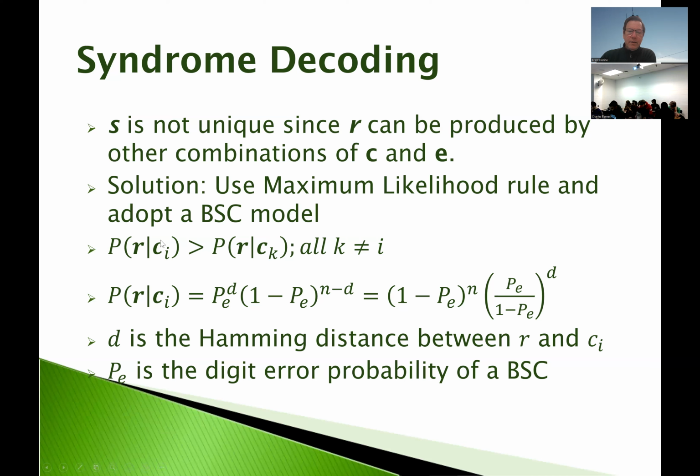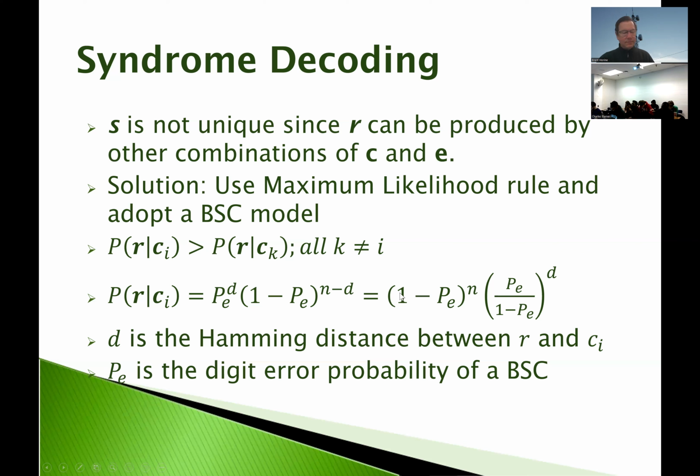So what's the likelihood that we receive R given that C sub i was sent, versus the probability of receiving R given that any of those other code words were sent. So we want to choose the C sub i that has the greatest probability, or maximum likelihood, right?